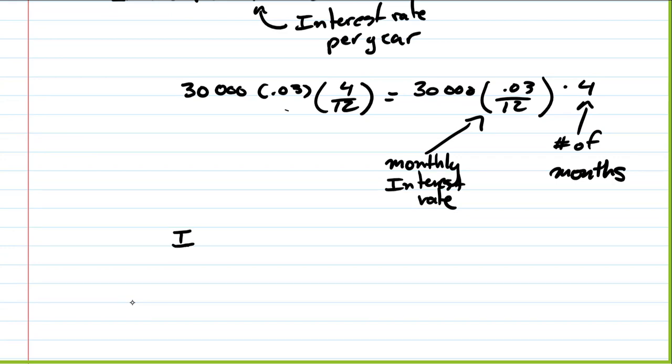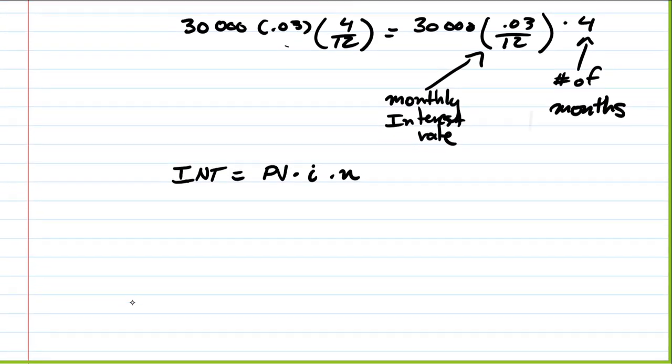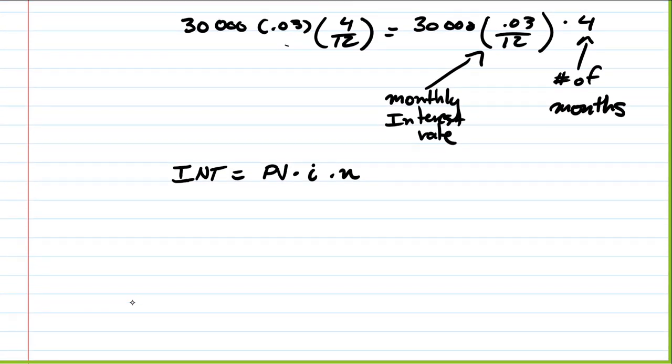So a more common version of the simple interest formula is INT is equal to our present value times I times N. So in this, the I represents the interest rate per period, and the N represents the number of periods.